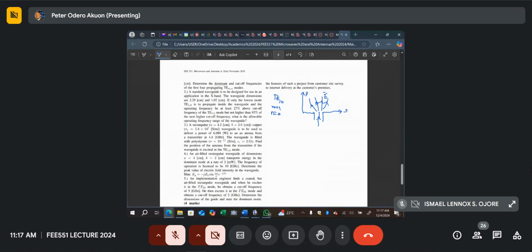This is on X. So if that's half X, then the dimension of the waveguide is somewhere there. So that's the point A, B. Of course, the H field is solenoidal, it's perpendicular to the E field. You can sketch the H field here.